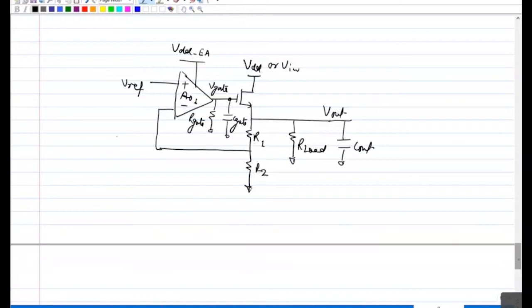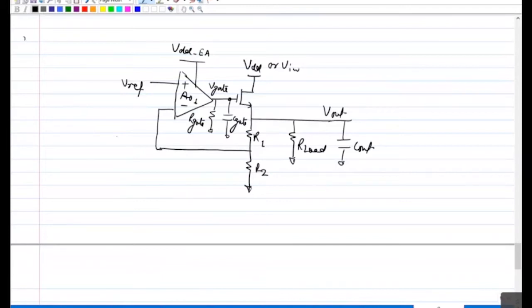So what will be the current path from Vin to Vout? The RDS. So you have to assume finite RDS here, otherwise your PSRR will be infinite. You would get infinite rejection, which means whatever AC signal you have at Vin, nothing will appear at Vout, which is not true, obviously, because that is the ideal case.